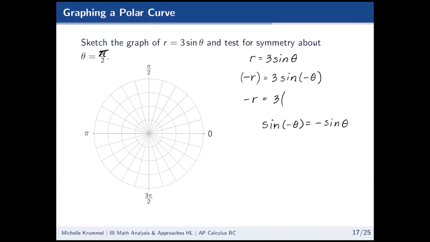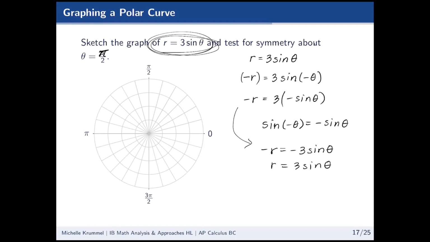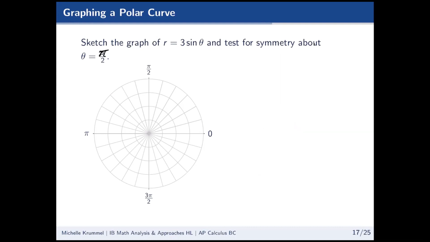So negative r equals negative 3 sine theta. Multiply both sides by negative 1, and we have r equals 3 sine theta, which is the same as the original equation. So the graph of r equals 3 sine theta is going to be symmetric about theta equals pi over 2, or about that y-axis.